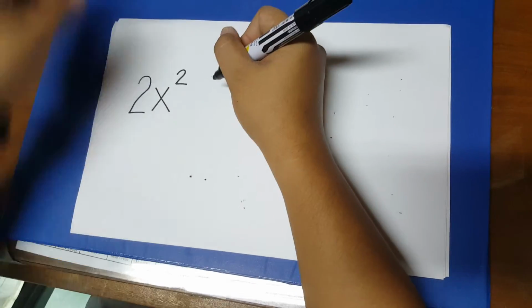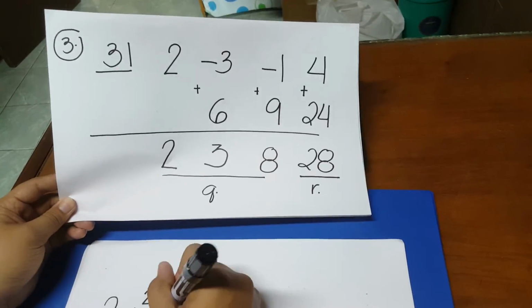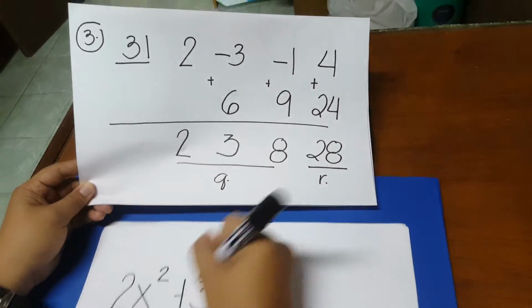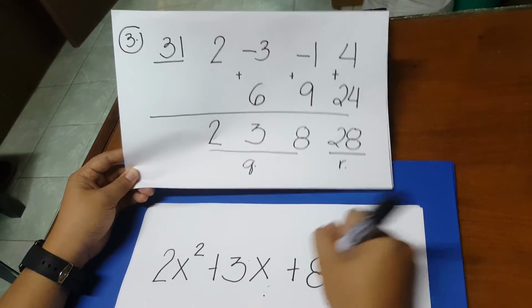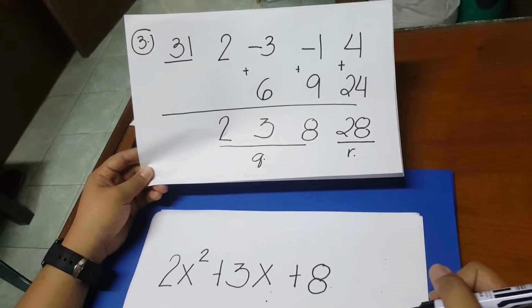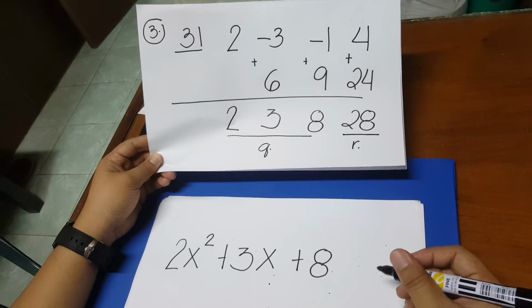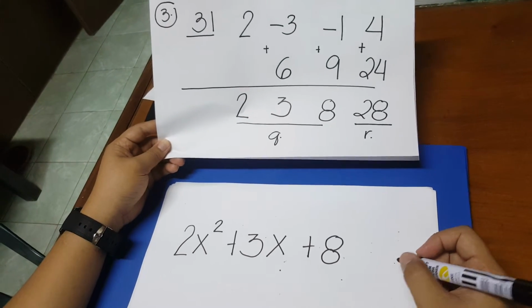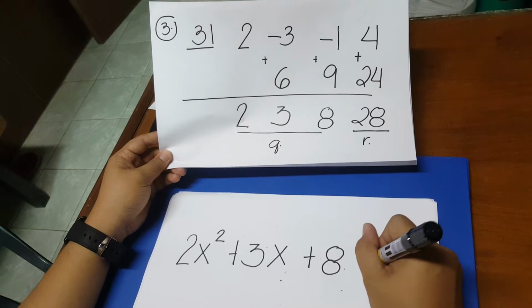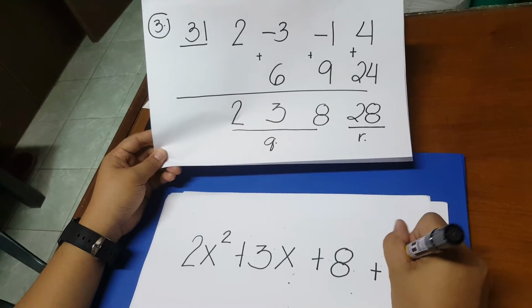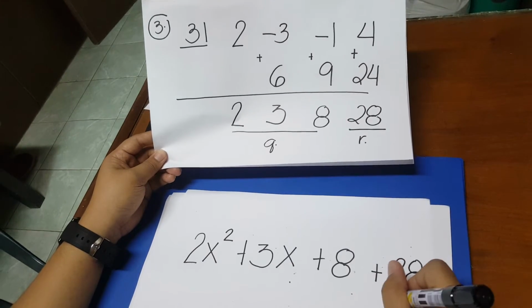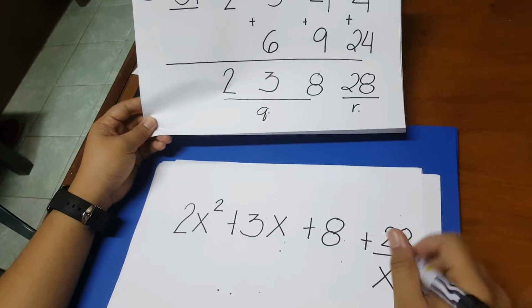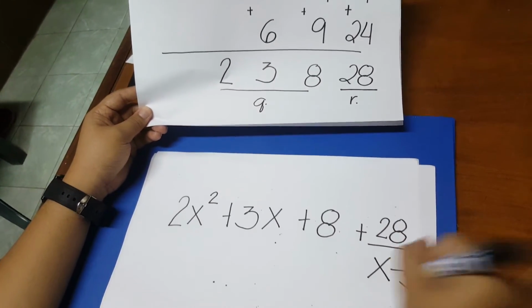So that gives you 2x squared plus 3x plus 8. That is your quotient. And don't forget to write the remainder. Okay? The final value, that is plus 28 all over your divisor, which is x minus 3.